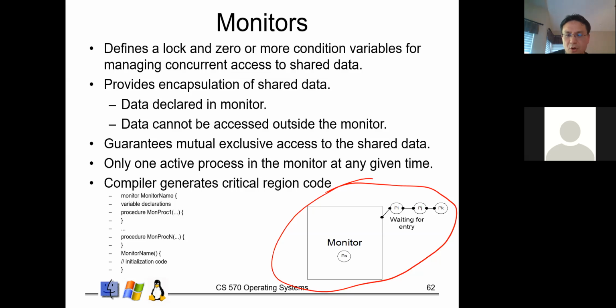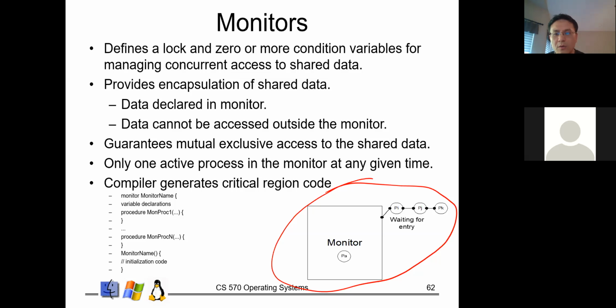A monitor guarantees mutually exclusive access to the data it encapsulates. That means only one process or one thread may execute a given monitor's methods at a time.